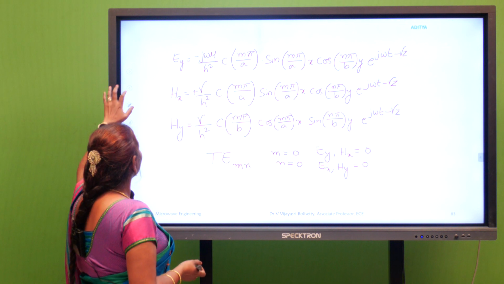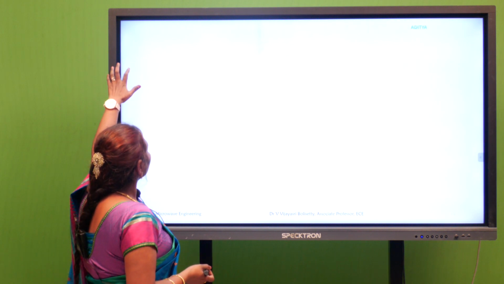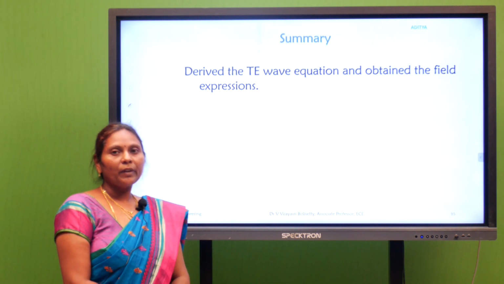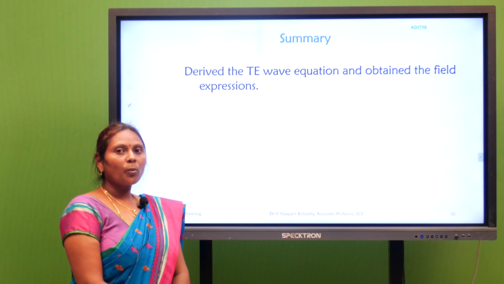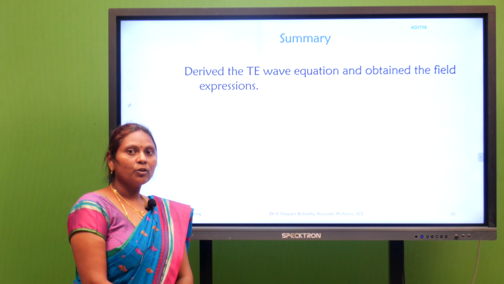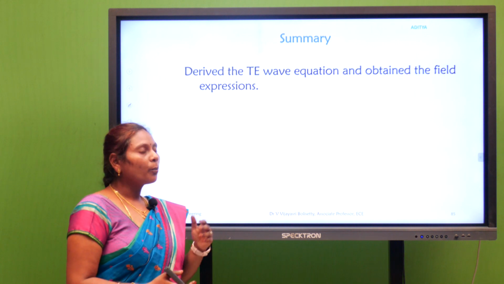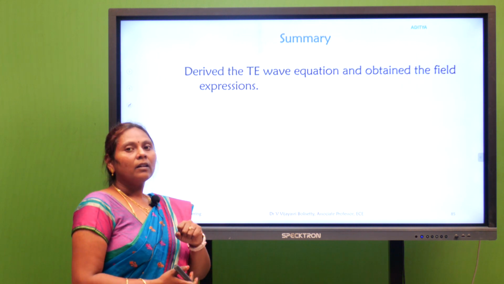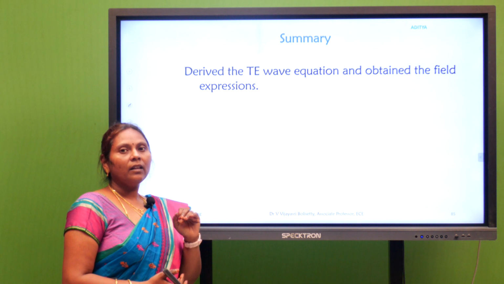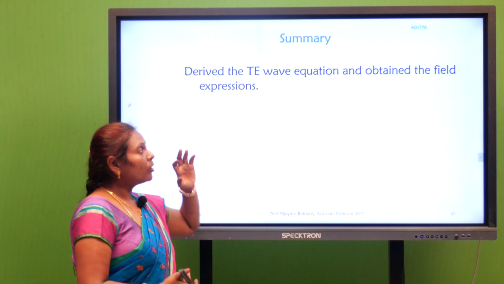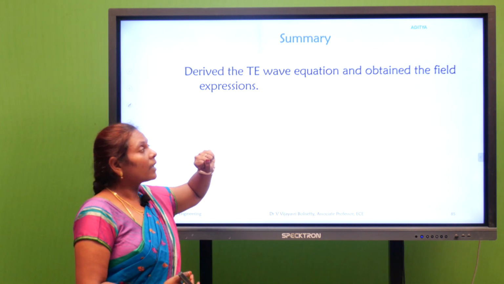So whether it is TE wave equation or TM wave equation, the field components have to be defined in the propagation, then only the modes will be propagating in the rectangular waveguide.